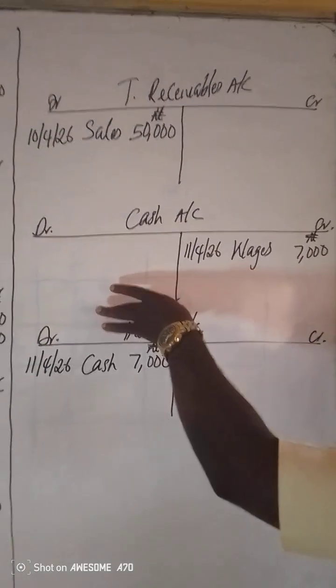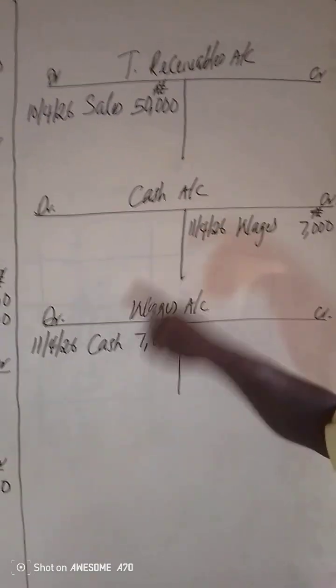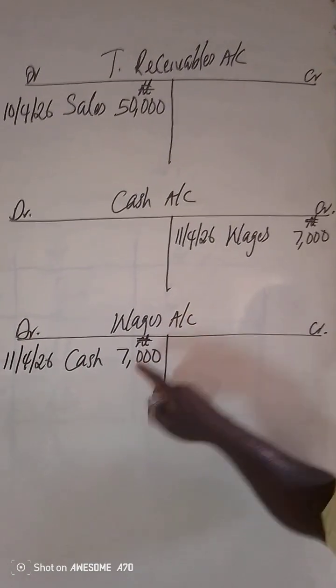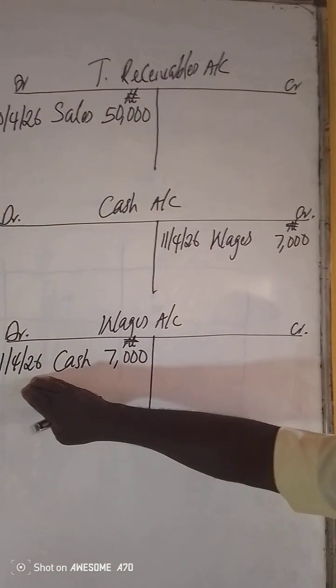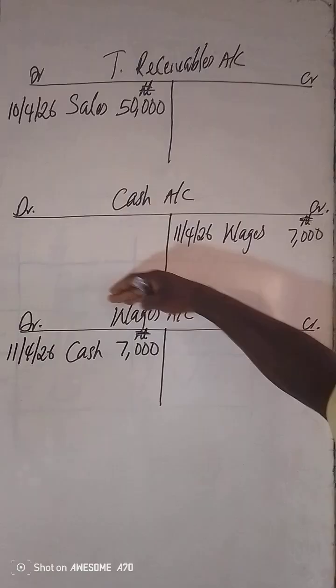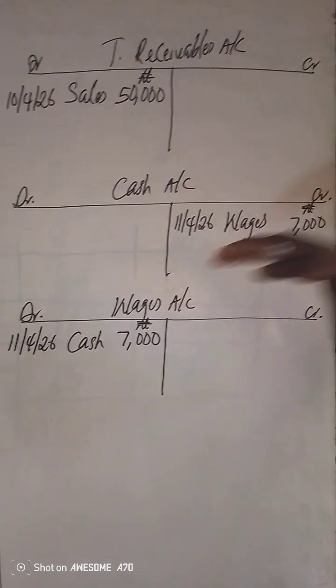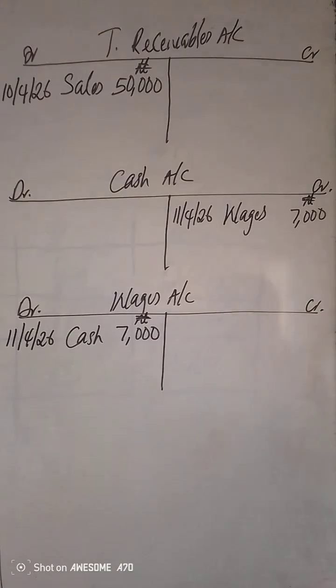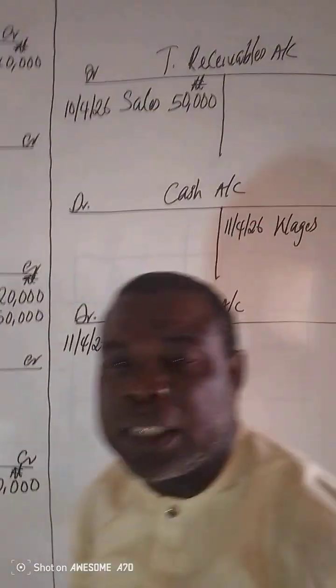Now open the wages account and say wages is receiving from cash 7,000. The wages will be debited. This is the giver account credited, and this is the receiver account debited, in place of any services received, be it insurance, salary, printing, transport costs, telephone, and all those services. Please debit them because they are receivers.